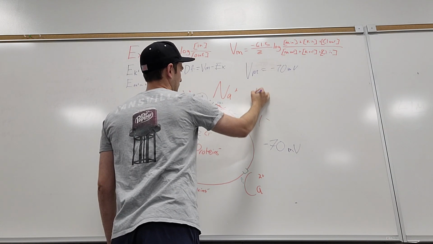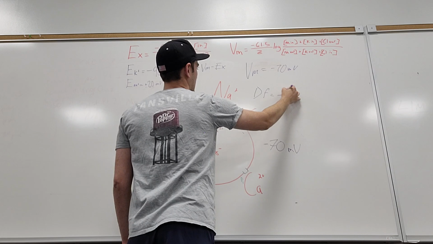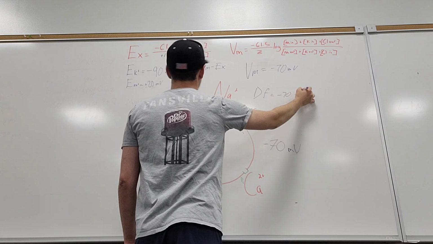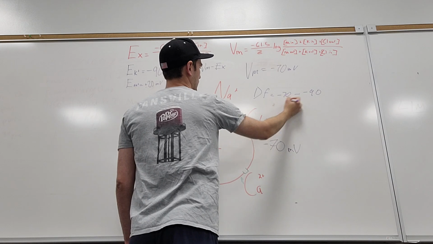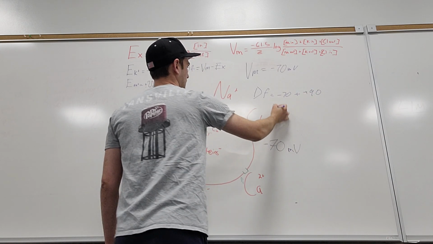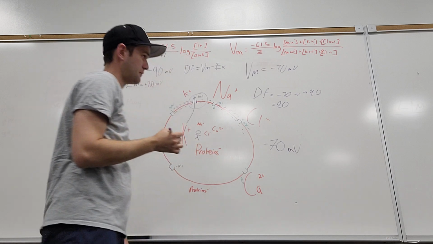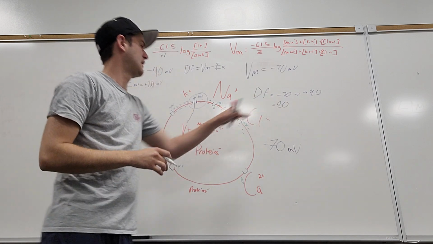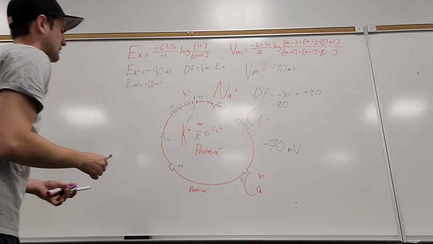Okay, so let's set up our equation. Driving force is equal to -70 minus our -90, which is going to equal a positive 20. Okay, so now we can look at this and see, okay, it wants to get in 20. All right, that's our number.